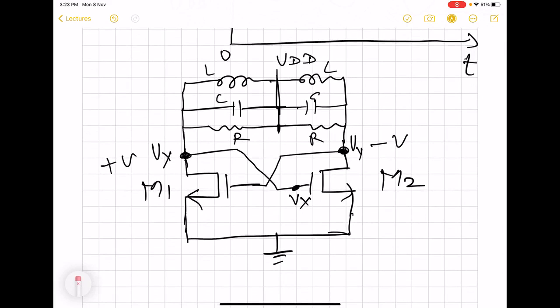We also noted that the DC voltage at Vx and Vy is going to be VDD. So in terms of DC, these three nodes are always going to be VDD. That means there is going to be no DC current through this resistor. And for AC purposes, where Vx is plus V and Vy is minus V, there will always be AC ground at this common point.